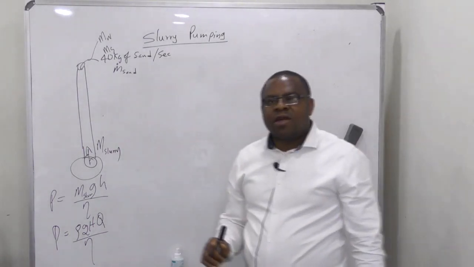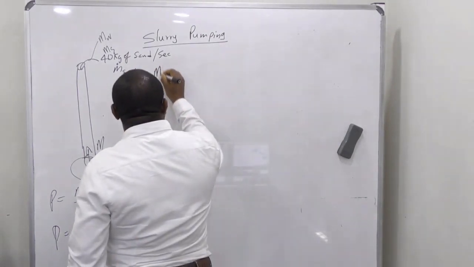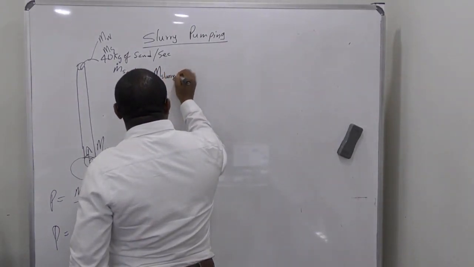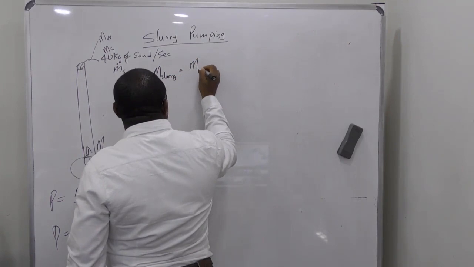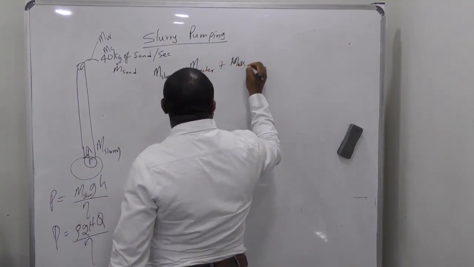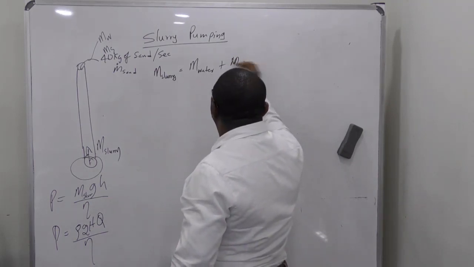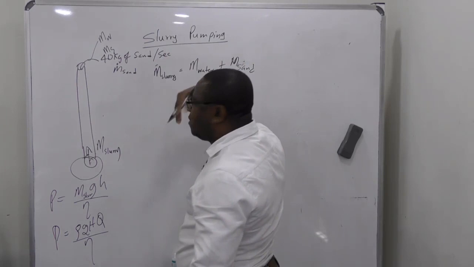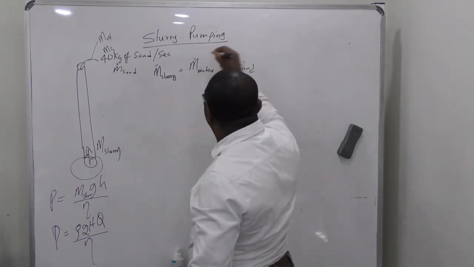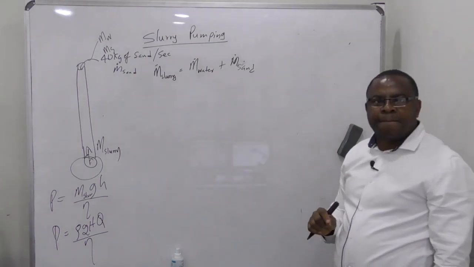As I said, when you are given a slurry question, just note this first: mass of slurry is mass of water plus mass of sand. And if I'm talking about the mass flow rate, we put this with time.